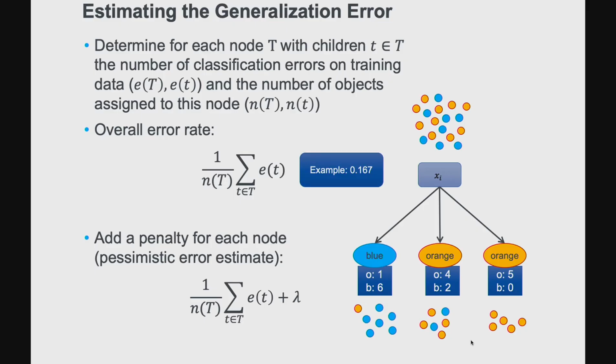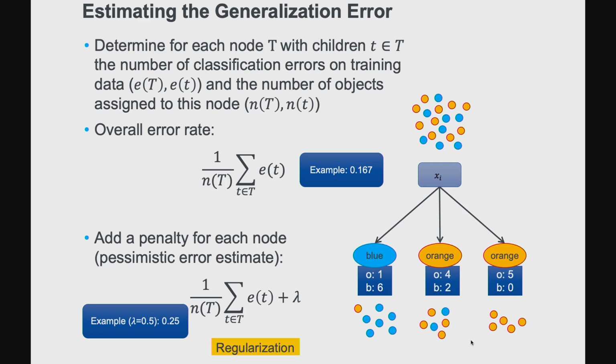So every time we do that, here we have this 1/6 error rate, we add this lambda, and when we have 3 such subnodes, that means for a lambda of 0.5, we add 1.5 virtual errors to the 3. So we have 4.5 divided by 18. This gives us then a larger error rate of 0.25 instead of the 0.16666.